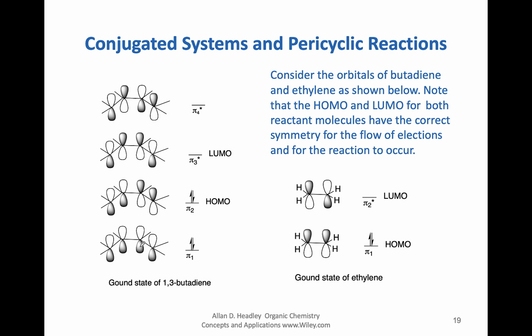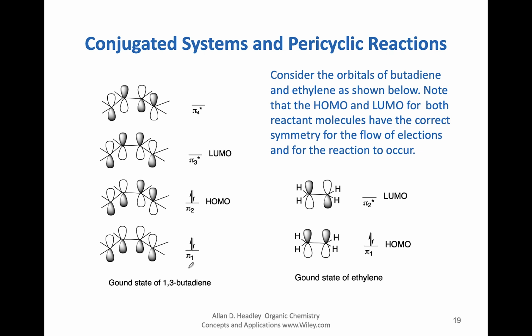And to differentiate them, we have to alternate the colors so that they are all different. So notice for this one, all the shaded are down. For this one, 2 are shaded down and 2 are up. And here we have 1 down, 2 up, and 1 down. And we alternate here, up, down, up, down, up. So these are 4 different orbitals for butadiene.